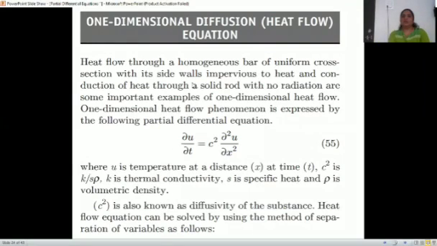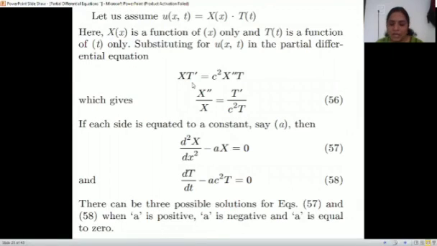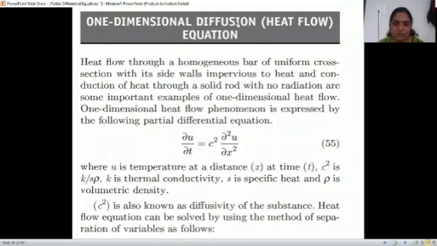Next, it is the one-dimensional heat flow equation. The equation of the type ∂u/∂t is equal to c square ∂²u/∂x² is called the one-dimensional heat flow equation. And to solve it, you have to write u as X of x and T of t, the variable separable method, the variation of parameters method.